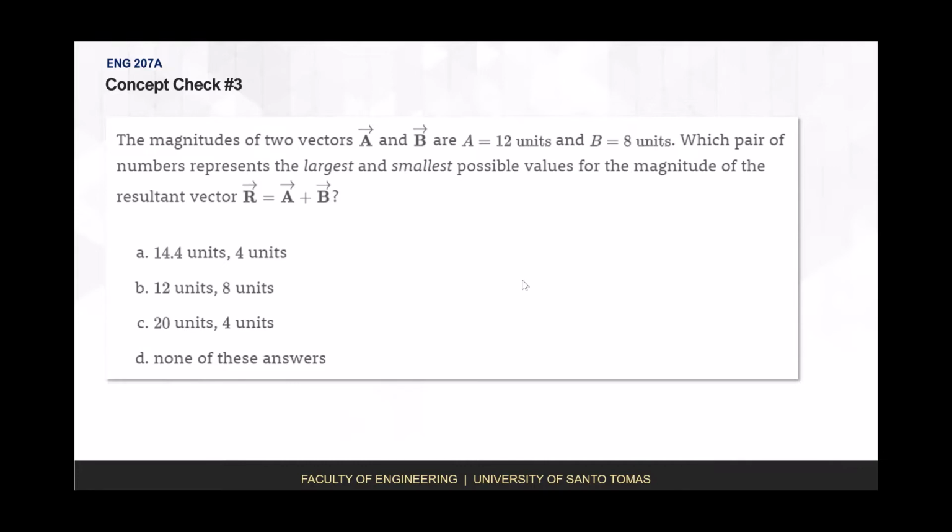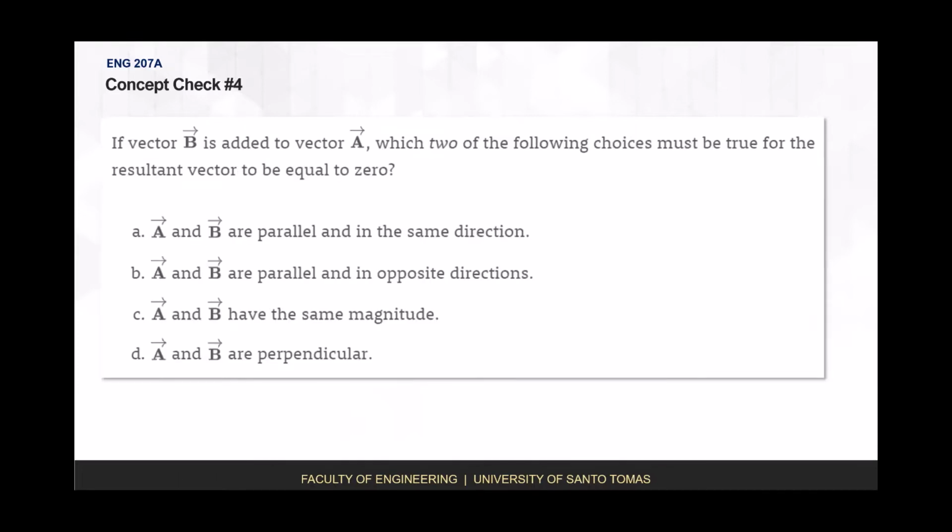Okay, next. Thank you. You know what? Actually, just in time, I'll put this in, okay, last. One last pop quiz. If vector B is added to vector A, which two of the following choices must be true for the resultant vector to be equal to 0?